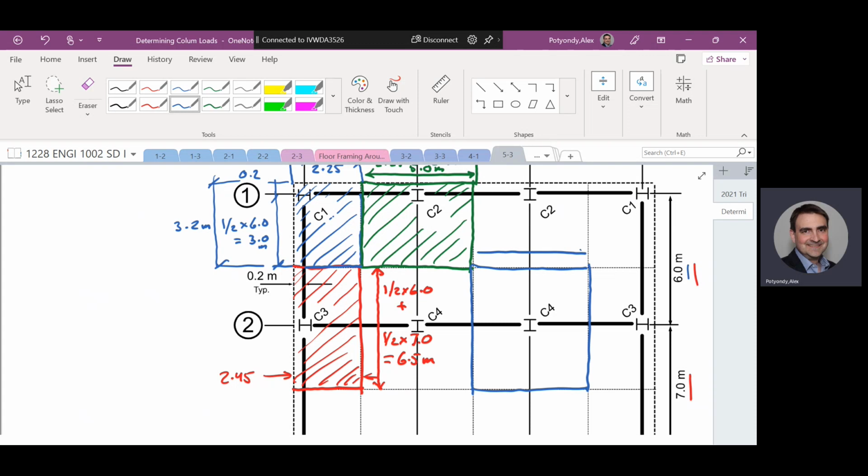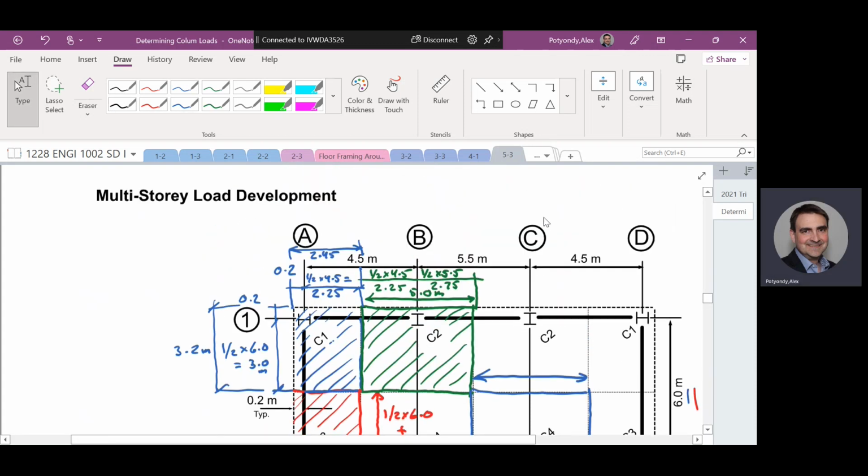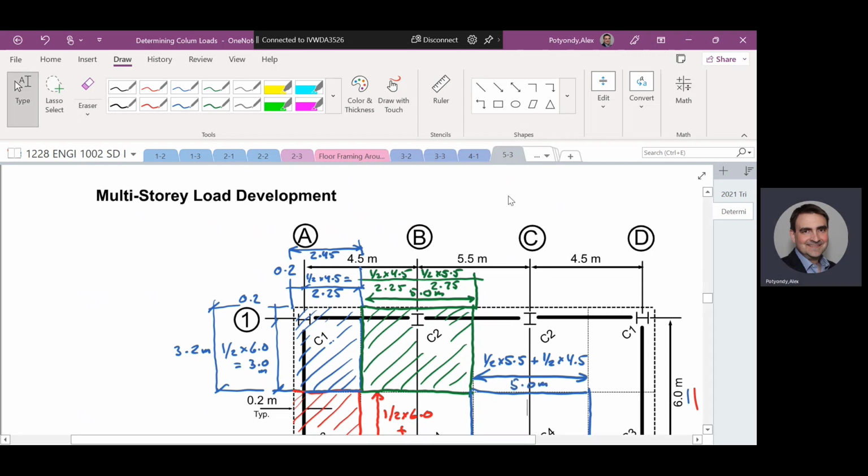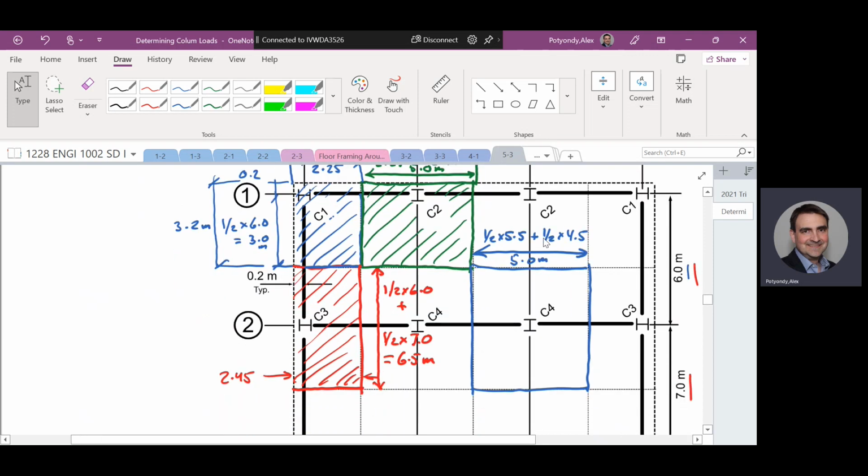And if I write in this dimension here, that dimension is going to be 1/2 times 5.5 plus 1/2 times 4.5. And that works out to be pretty much the same as this one. That's going to be 5.0 meters. I'm not making any assumptions because I know I'm doing an interior column, so it may be different.